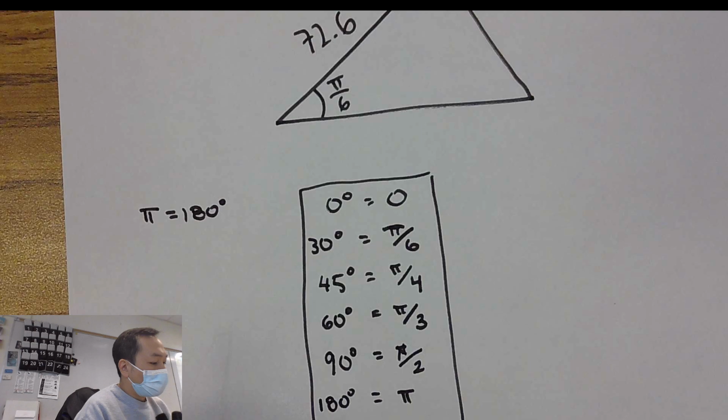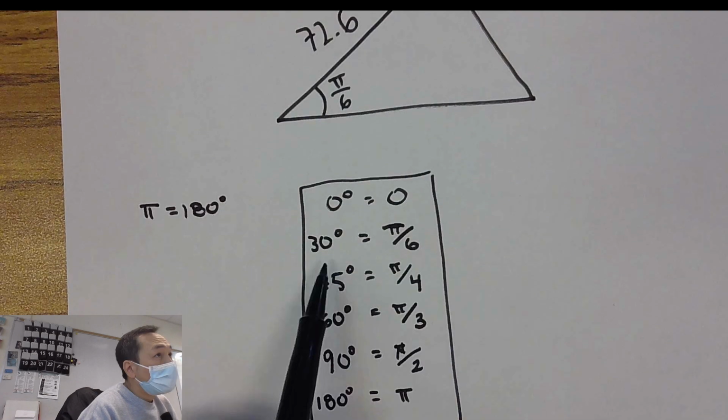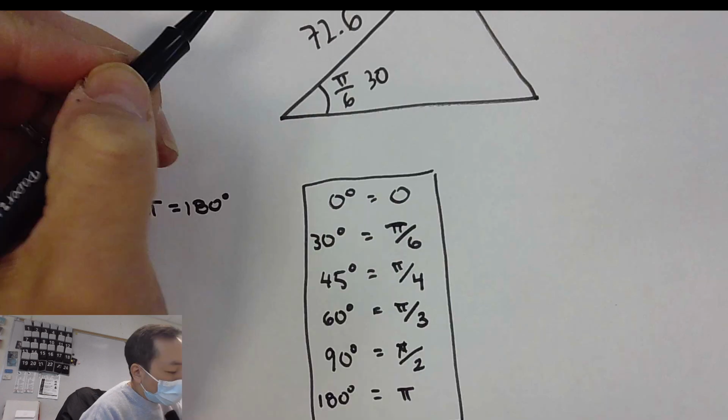So we know that's pi over 6, and pi over 6 is already a special one, equals 30 degrees. So this is 30 degrees. So this must be 60 degrees, correct?